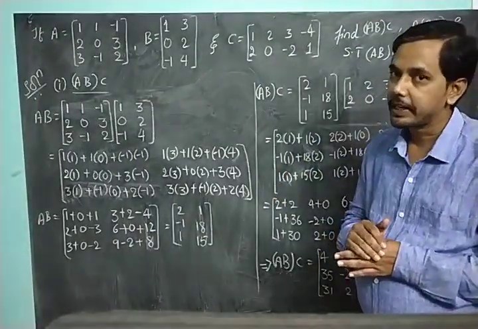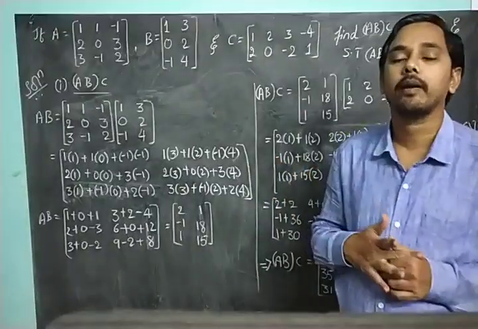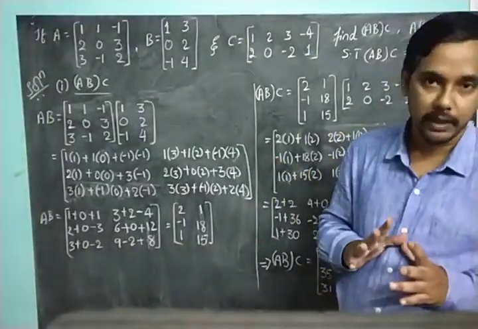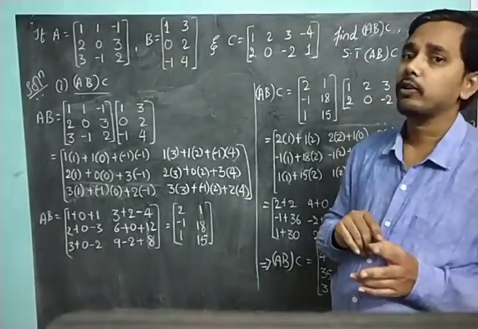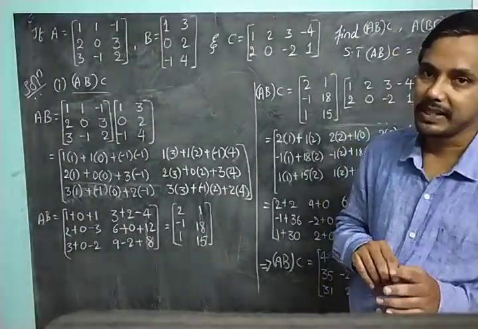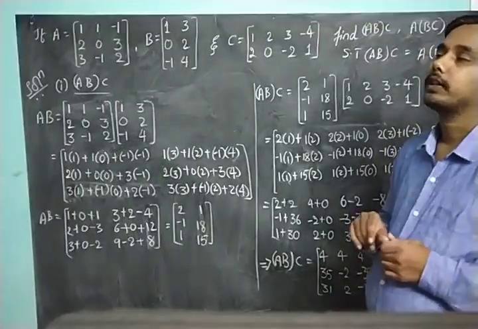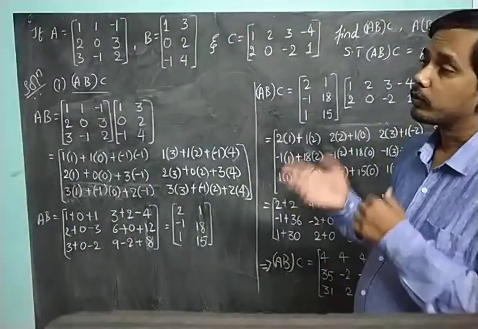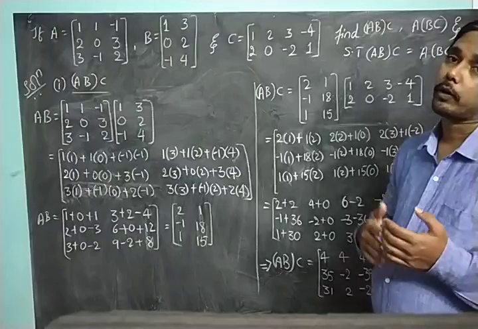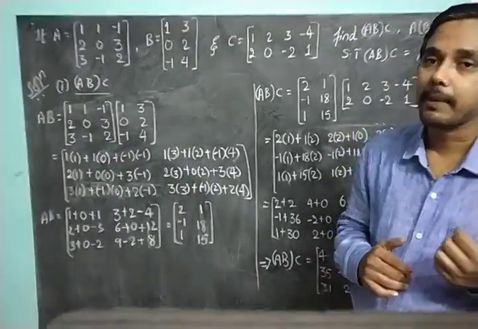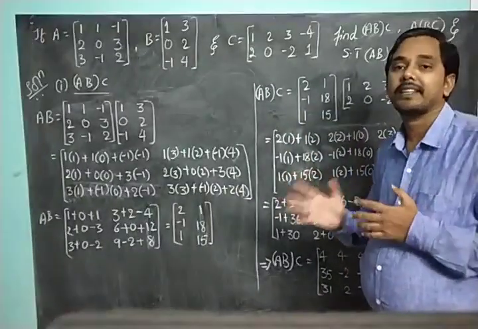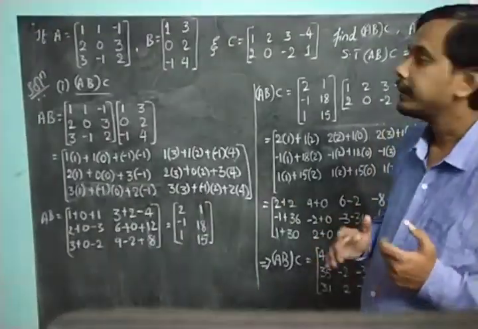We have also studied the properties of matrix multiplication, where AB into C is equal to A into BC, that is the associative law. Then we have seen the distributive law, and the existence of identity also. Let's take up some examples on those properties and make them clearer.